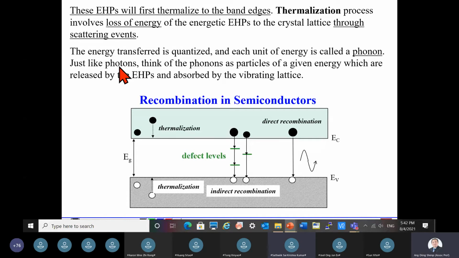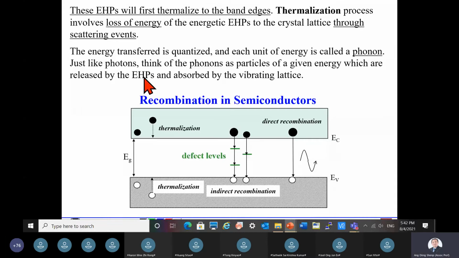Now the interaction with the crystal lattice is called phonon scattering. I hope you remember the term phonon scattering. And in the process, the excess energy is transferred to the crystal lattice in the form of a phonon. Just like photon, right? We can think of phonon as packets of energy which are released by energetic carriers.